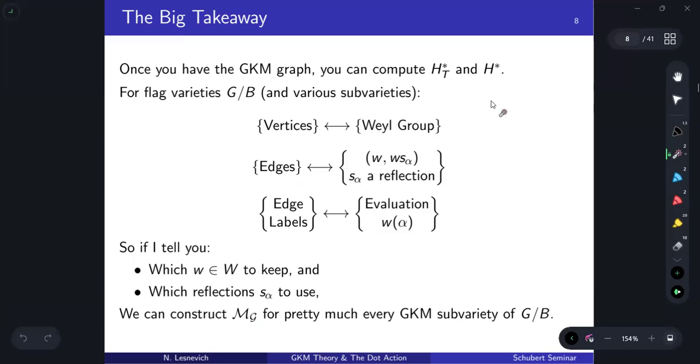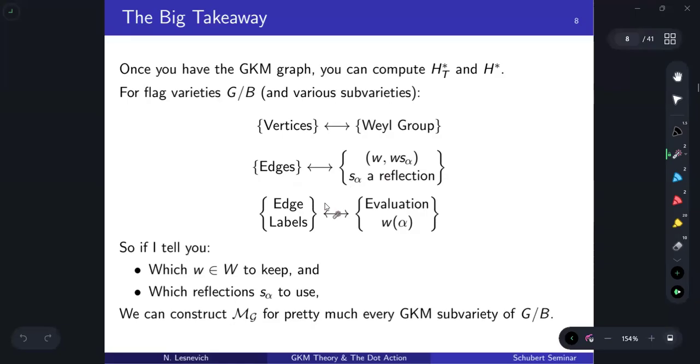What does that look like for flag varieties and a bunch of subvarieties of flag varieties? Well, the vertices of our graph, our T fixed points, are going to be Weyl group elements, a one-to-one correspondence. Our edges, our one-dimensional torus orbits, are going to be built from right multiplication by a reflection or a transposition, whatever word you want to use for that.